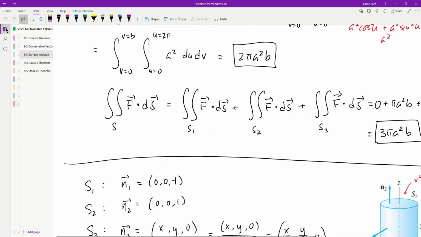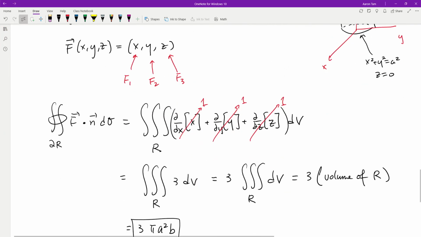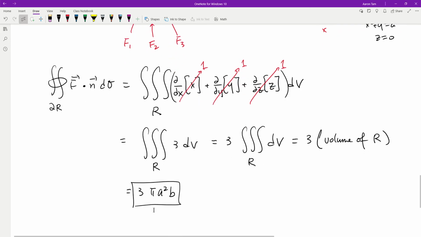Notice how simple it is when we use Gauss's theorem. For this particular example, I finished in about 3 lines, compared to before, where I had to separate it into 3 different surfaces and then use either the perpendicular vector or the parametric representation to come up with the surface integral for each surface and add them up.